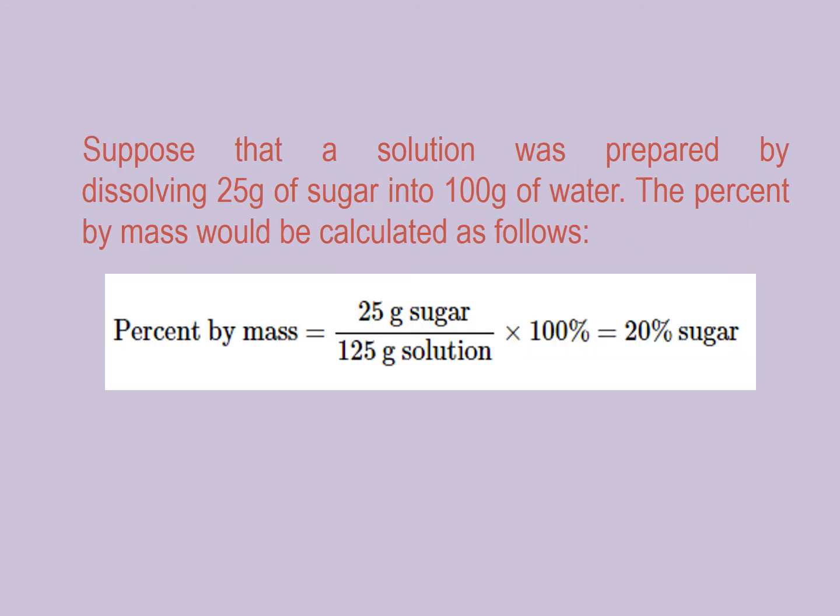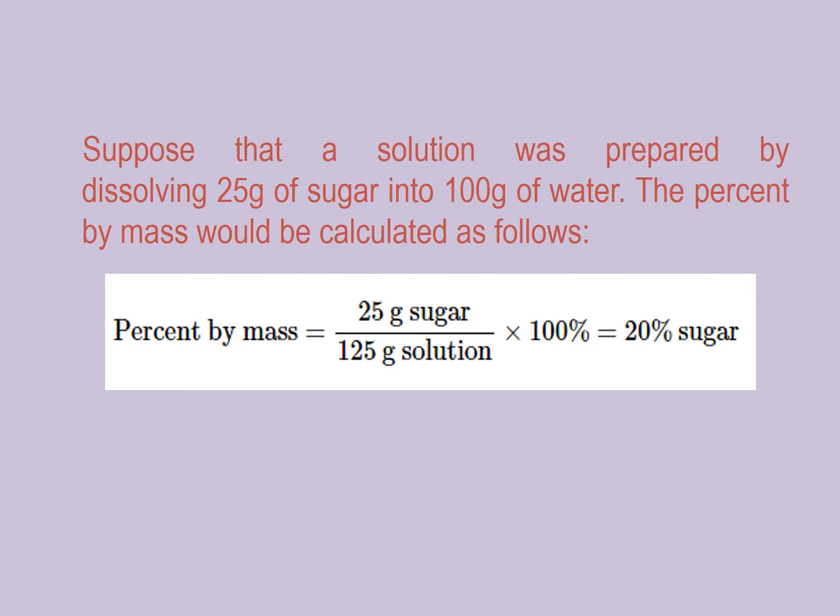So, suppose that a solution was prepared by dissolving 25 grams of sugar into 100 grams of water. The percent by mass would be calculated as follows. Percent by mass is equal to the mass of the solute, which is the 25 grams of sugar, over the mass of the solution, which is the 125 grams of water, times 100%.